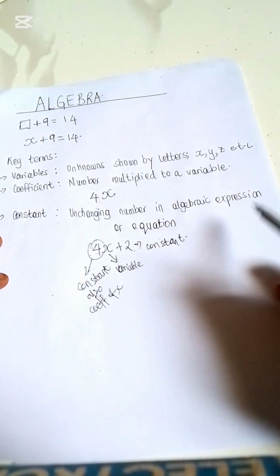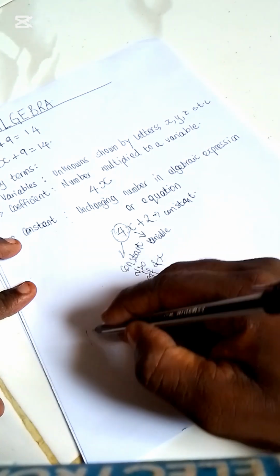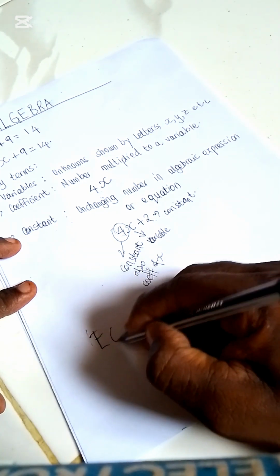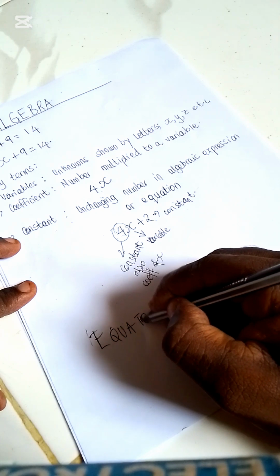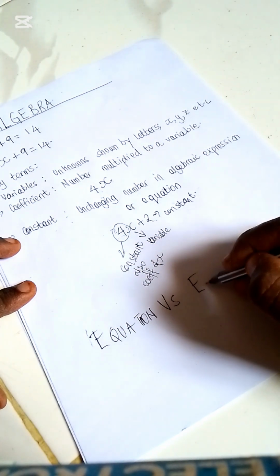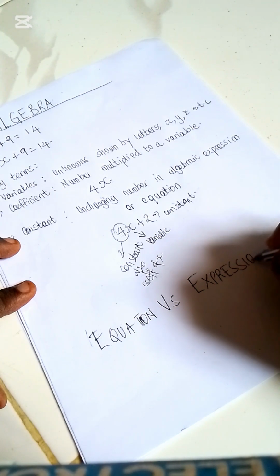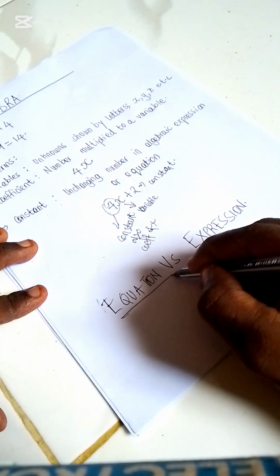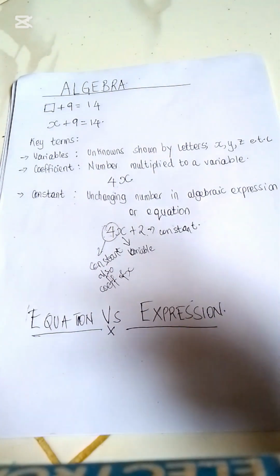Let's see the difference between equation versus expression. The main difference is that expressions do not have an equal sign, whereas equations have the equal sign.